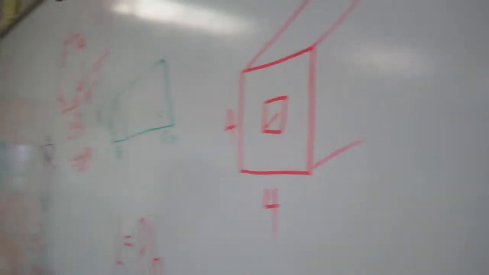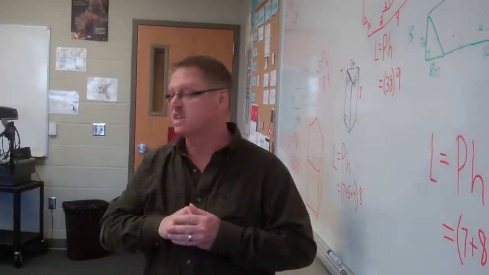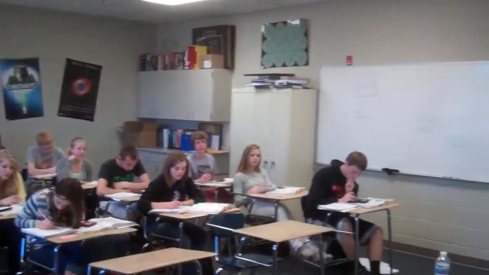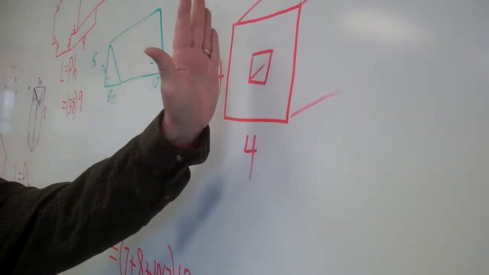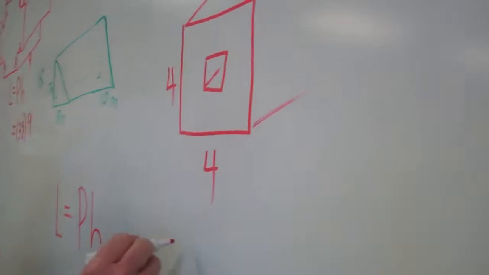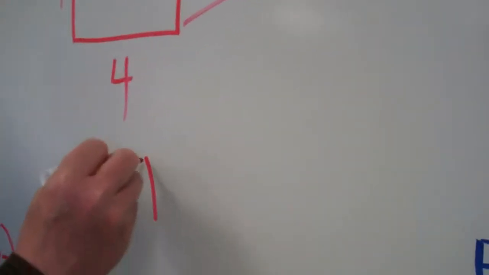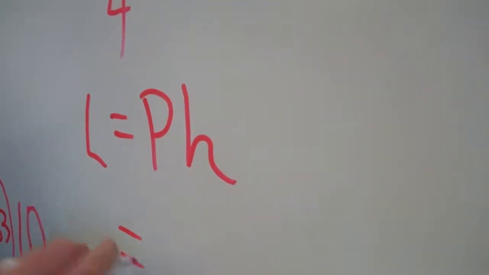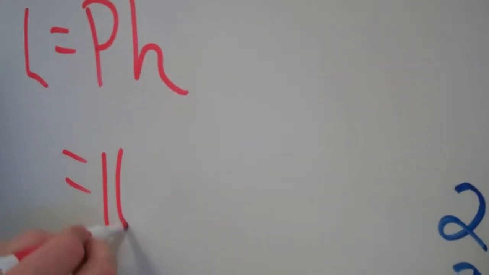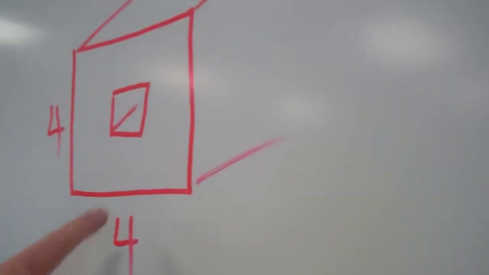Shelby, which part of it would you like to call the faces? The square. Yeah, this square. So this will be a face, and we think it has one like it on the other end. Good. So, as we do our formula for lateral area, what is the perimeter of that face? 16. She's putting a 16 there. And if we call this the face, what is the height of this prism?